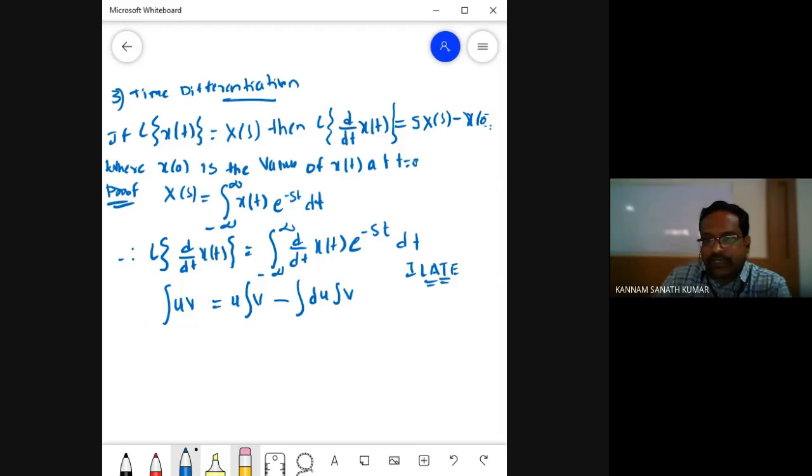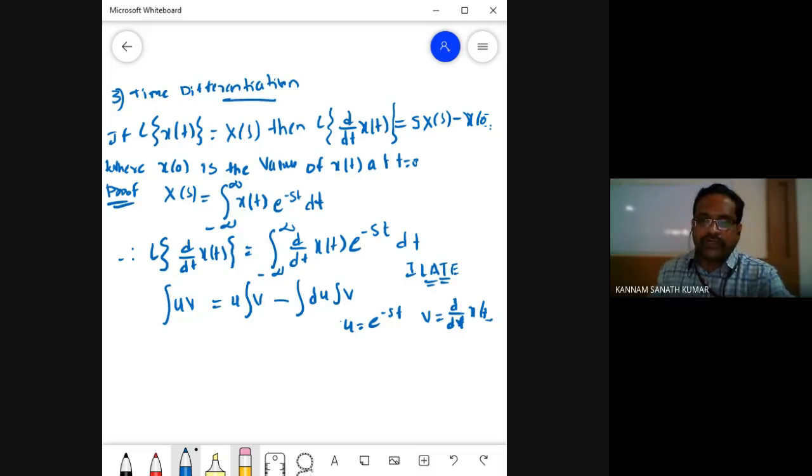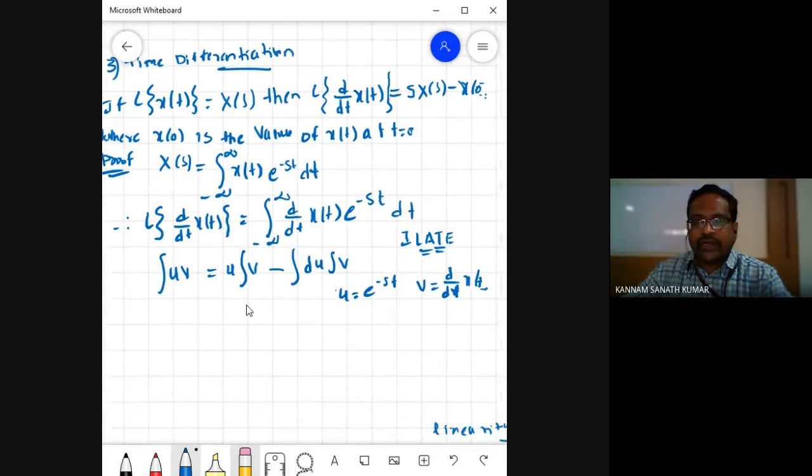So here you should take u equal to what? Anyway differentiation is not there, so u equal to e power minus st as the first function, and v equal to the differentiation, that means d by dt of x of t. So u equal to e power minus st, and v equal to d by dt of x of t.